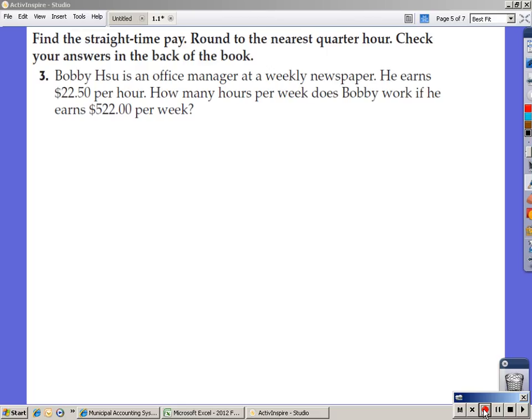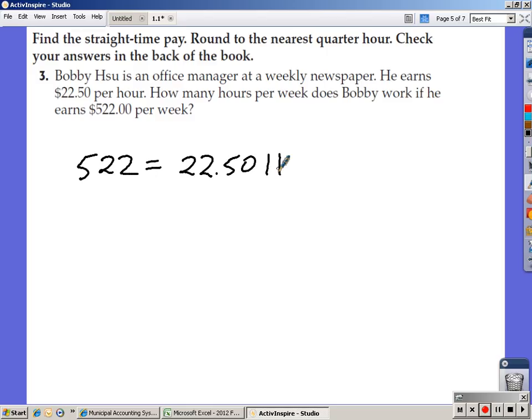Okay, so let's work this one. Same formula. We're looking for the number of hours, just like the example we just worked. It's $522 is what he makes. He makes an hourly rate of $22.50 times H, where H represents the number of hours that Bobby has to work. Divide both sides by $22.50.